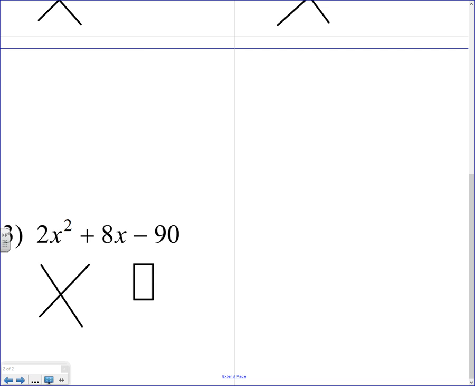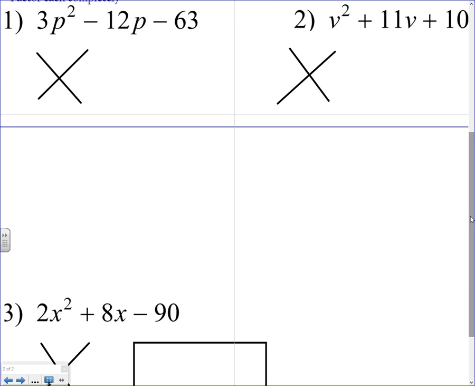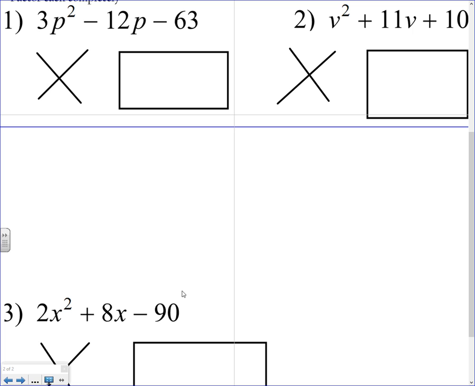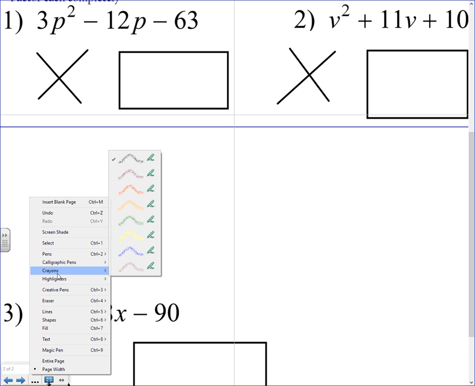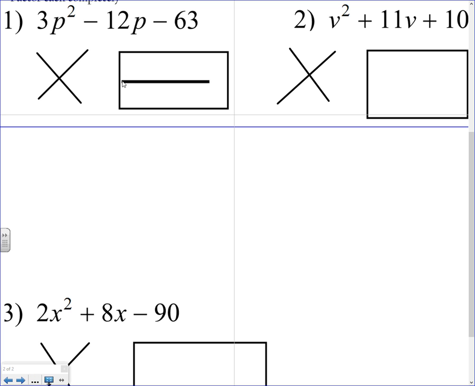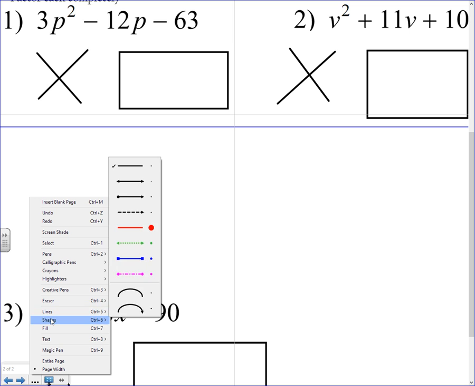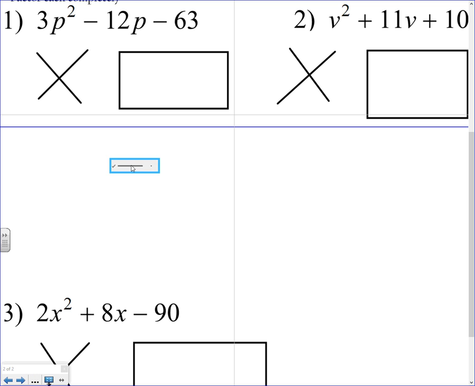I'm gonna make it a 2 by 2 box. So the way we do this, divide it this way, and divide it this way. 2 by 2 box.